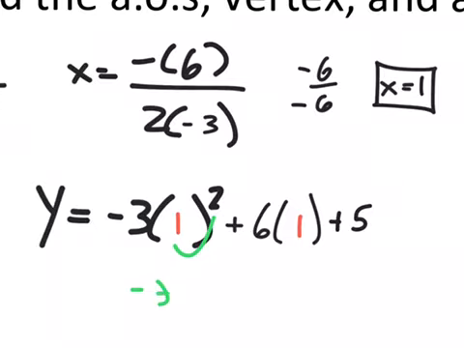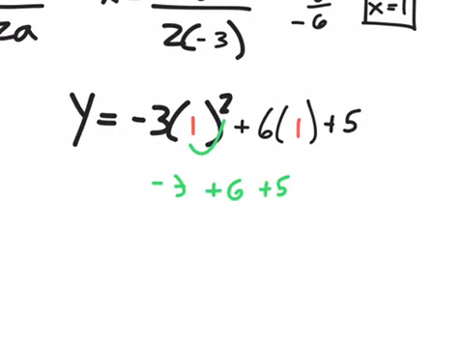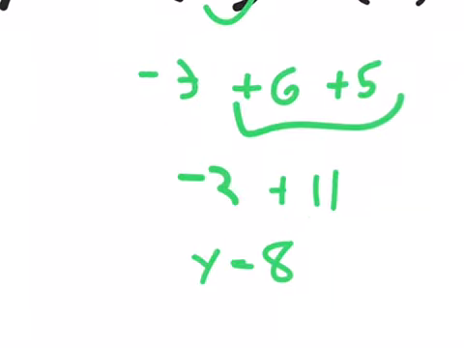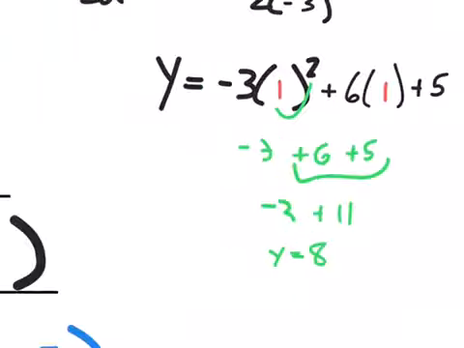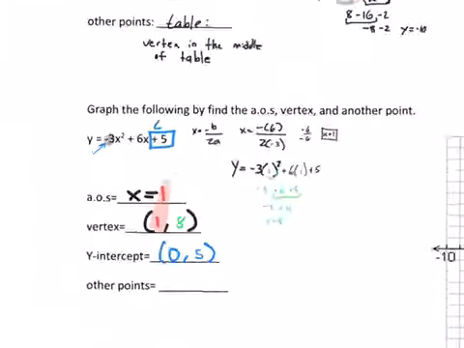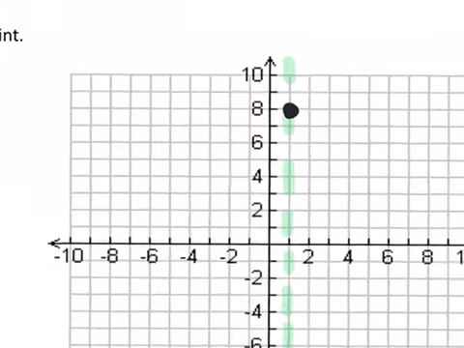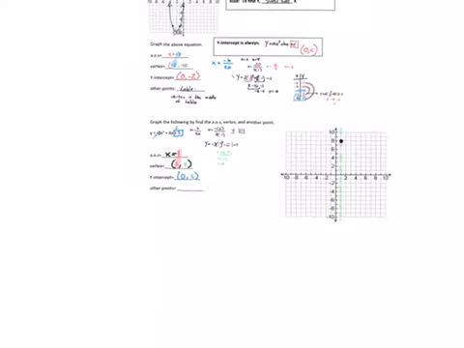And then we have a positive 6 plus 5. When we add all these up together, we've got an 11. So negative 11 and then negative 3 to land us at a y-coordinate of 8. All right, so now we know along this dotted line, we're at 1, 8. There is our vertex.